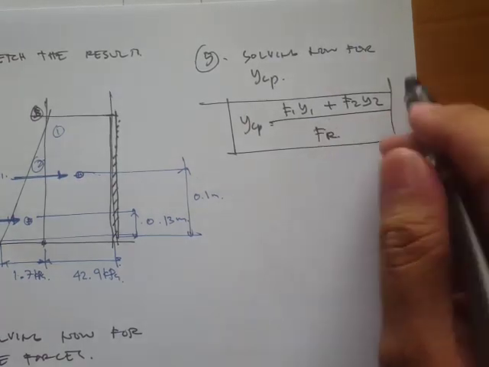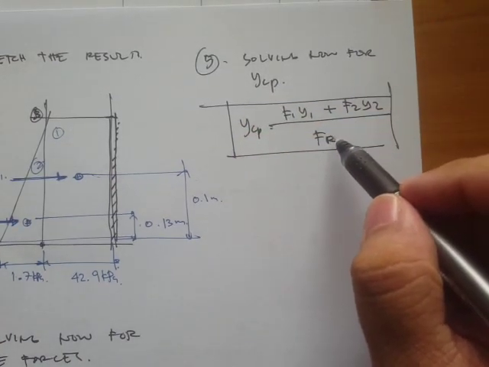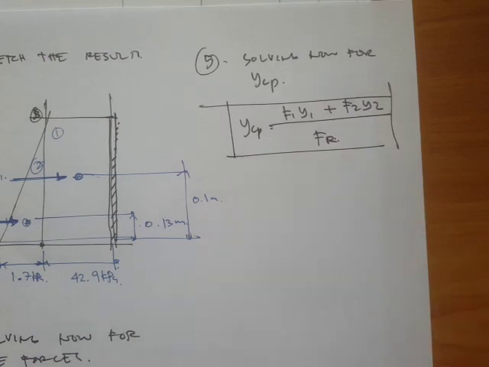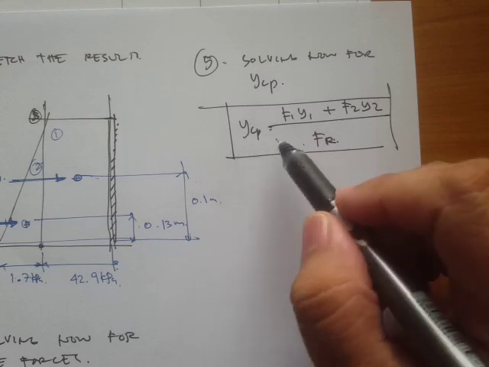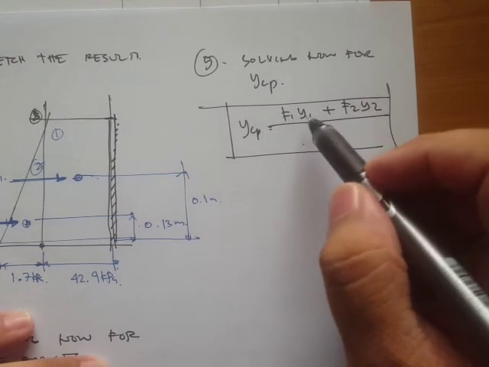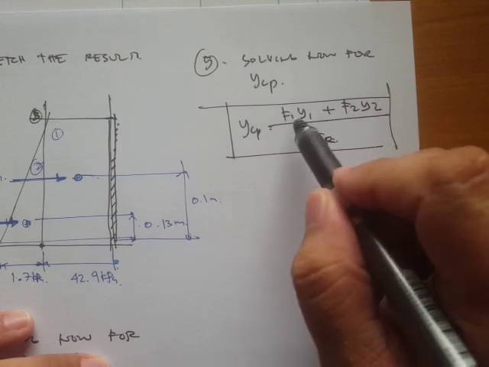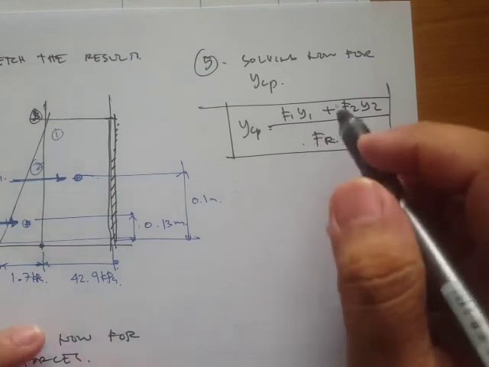Okay, so again, this equation just says that the total force multiplied by the location, or let's say the moment arm, is equal to the sum of the products of the individual forces and their moment arms.